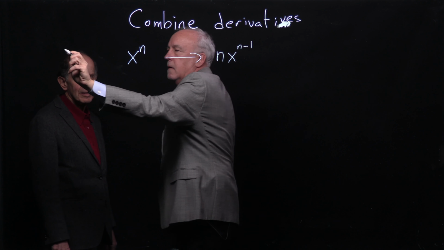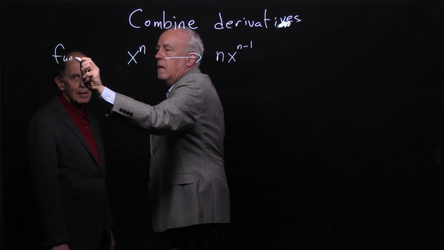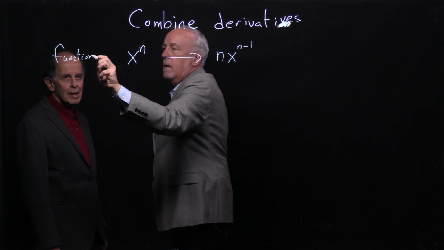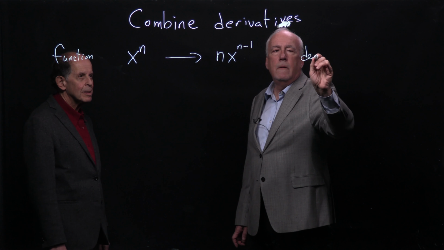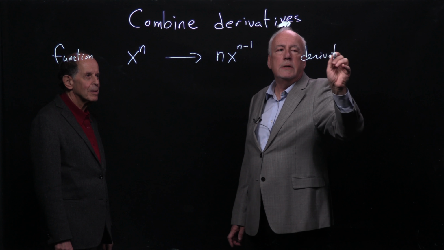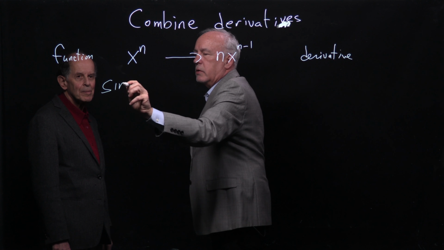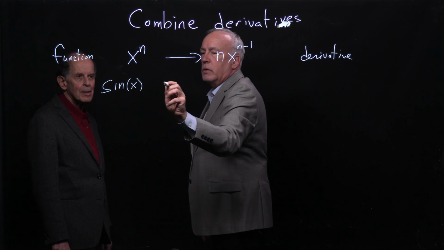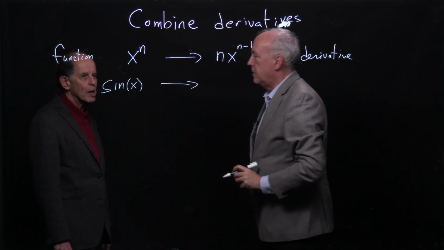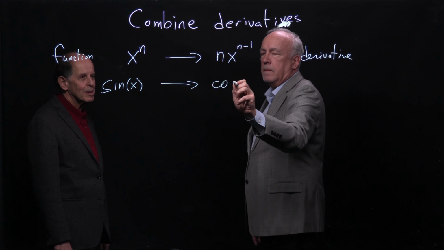So this is the function, and this is the derivative. I'm just trying to be a little bit organized here. I'll give you another nice example. We worked with trig functions. Sine x, when you differentiate it, what do you get? Cosine x. Okay.